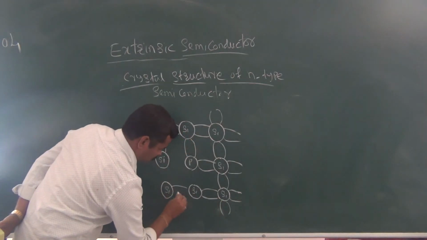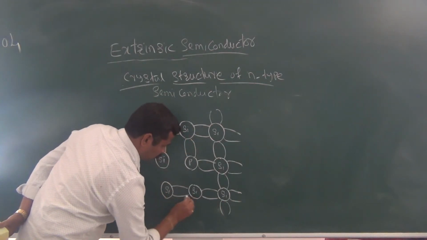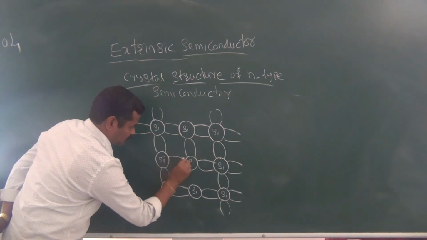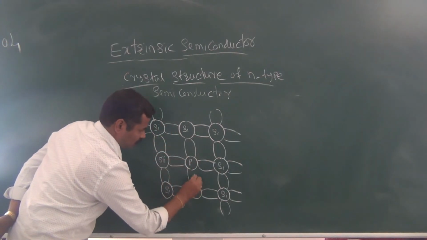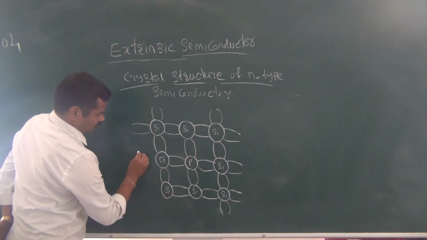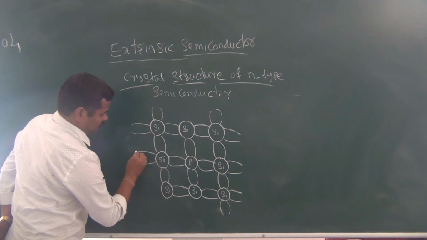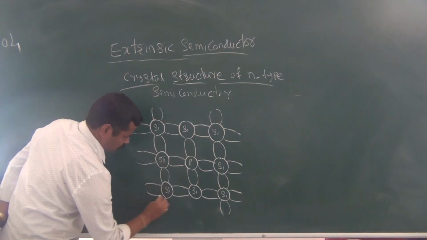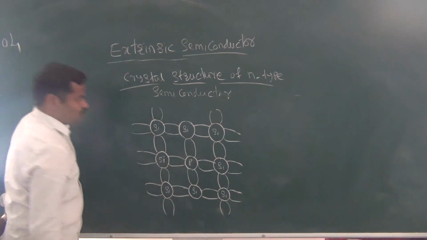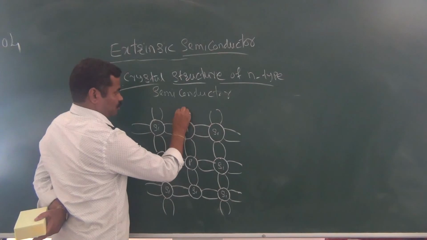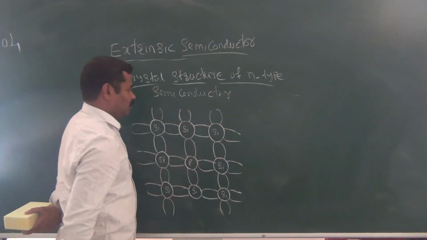Look here, these are the covalent bonds. Important thing, as we know already, this is the crystal structure of your N-type semiconductor.